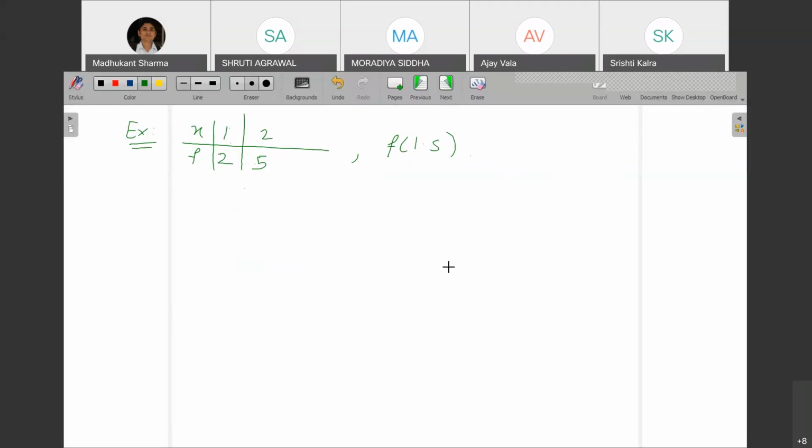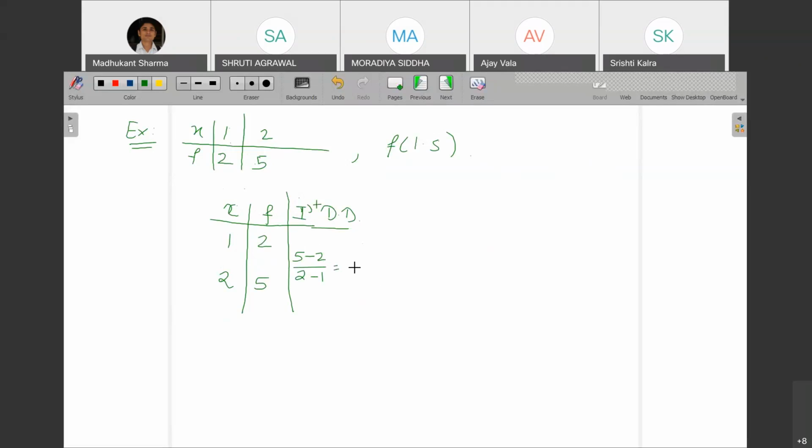Okay, you have two data points, so you can go for linear interpolation. So if I wish to quickly do it, you have x and f: 1, 2 and 2, 5, and you have the first divided difference of that linear polynomial, that is equal to (5 minus 2) divided by (2 minus 1).